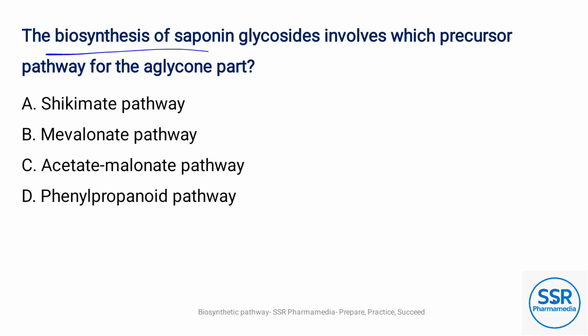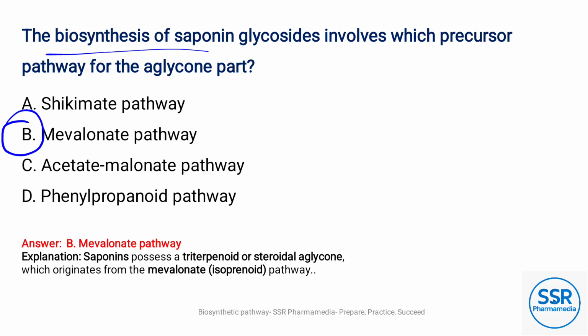The biosynthesis of saponin glycosides involves which precursor pathway for the aglycone part? So the answer is option B, mevalonate pathway. The saponin possesses a triterpenoid or steroidal aglycone which originates from the mevalonate isoprenoid pathway.